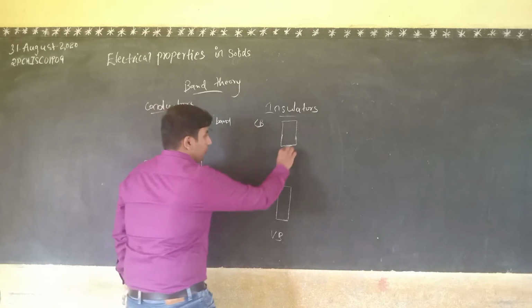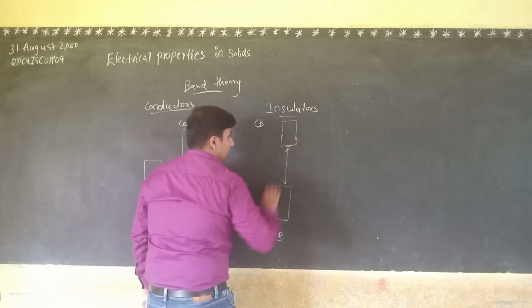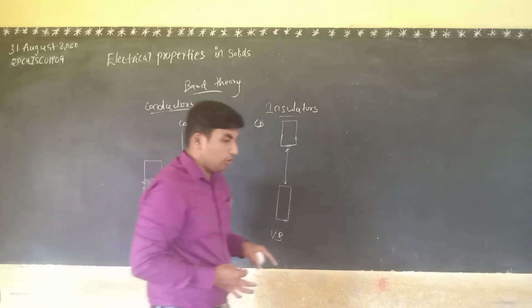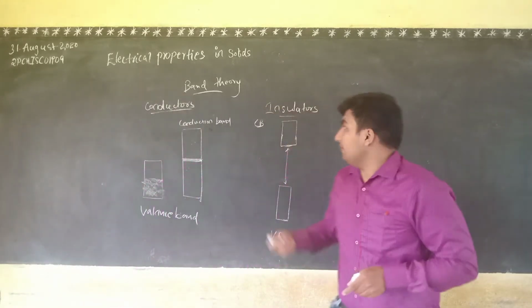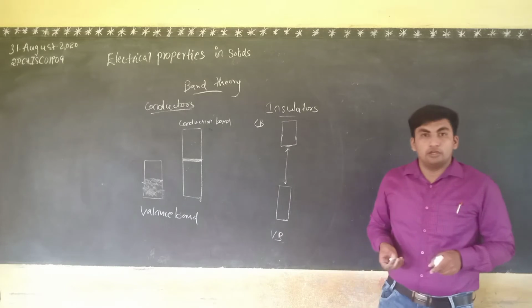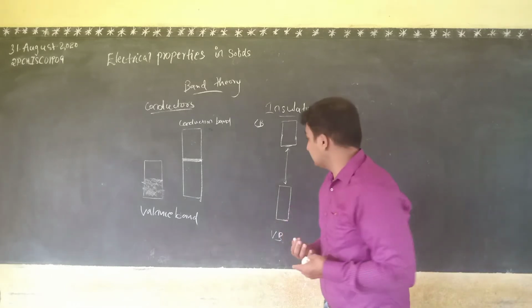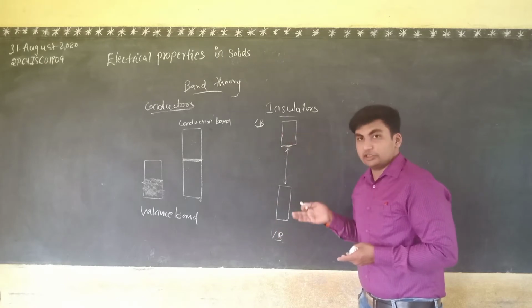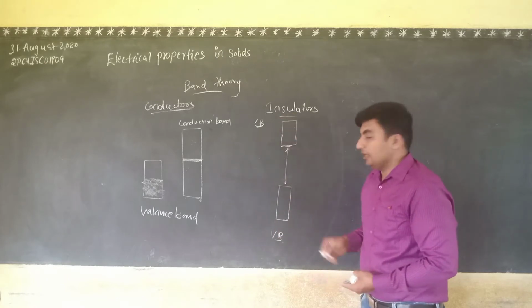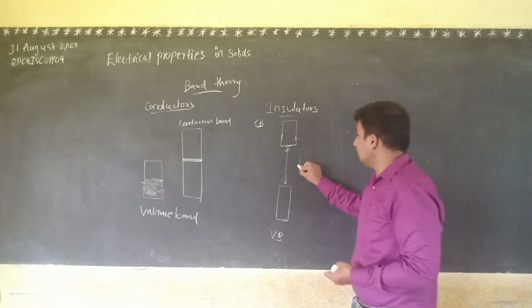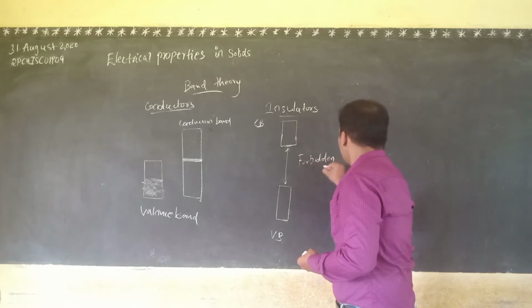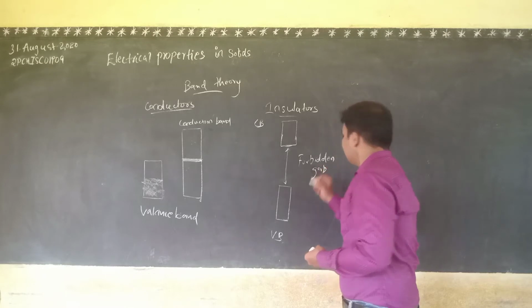The gap between the valence band and conduction band is large. So, the definition itself shows that it does not conduct electricity. This gap is also called the forbidden gap.